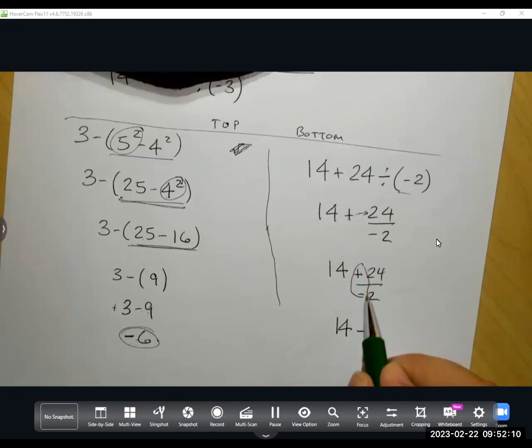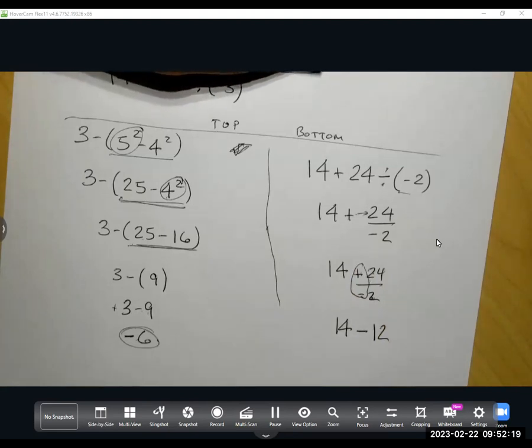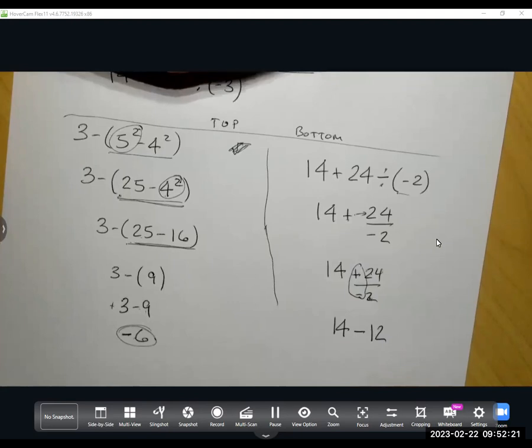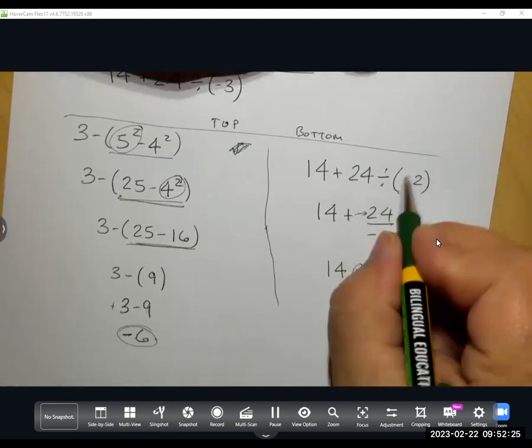You have different signs. 2 goes into 2 once. 2 goes into 4 twice. Or 24 divided by 2 is 12. It's 3, isn't it?